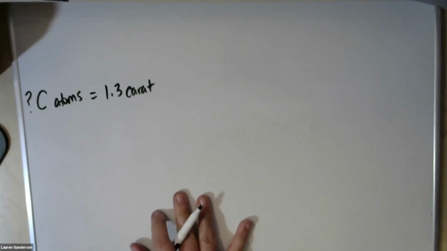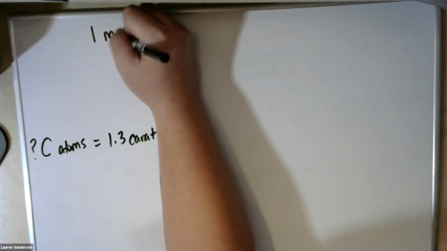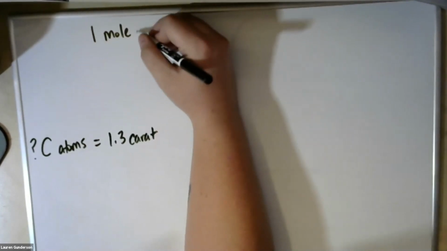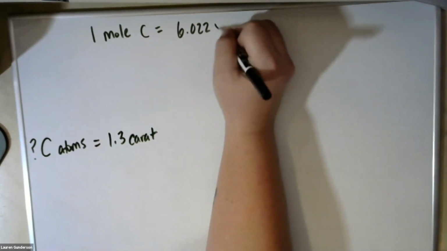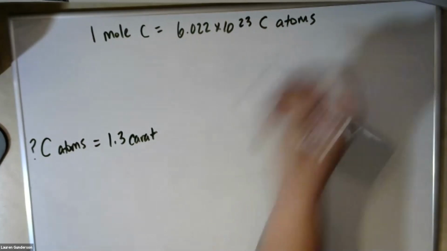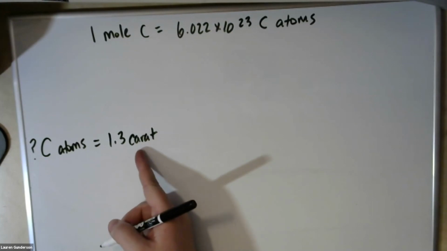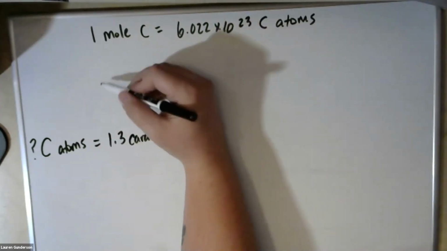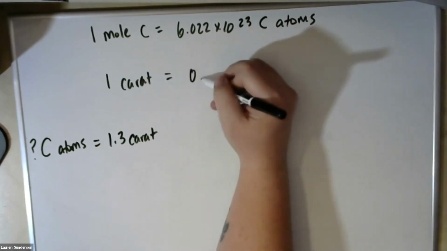If I am trying to end up with a number that's in atoms, I'm going to need Avogadro's number here. I know that I'm going to need this relationship, that 1 mole of carbon is 6.022 times 10 to the 23 carbon atoms. From the information they gave me in the problem, every 1 carat is equal to 0.20 grams.